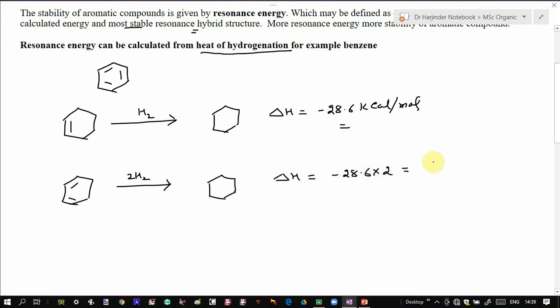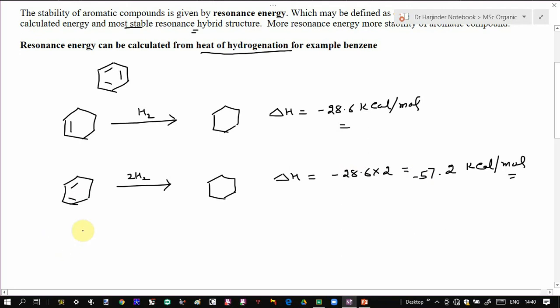So it will be around 57.2 kilocalories per mole. This much energy is expected to be released for cyclohexadiene.